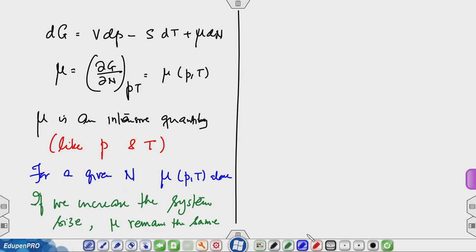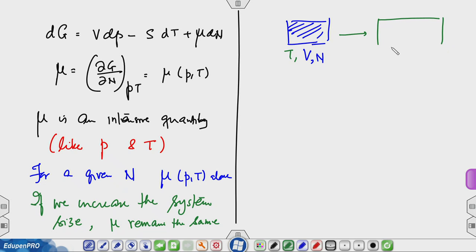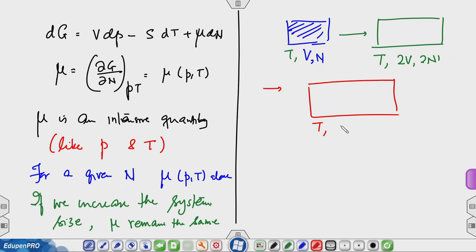So I took a system of volume V, particle number N, and temperature T, and change it; the intensive quantity remains the same, volume 2V, number of particles 2N. So we just scale it up, or even change it to the same temperature T, some lambda V and lambda N. Just increase the size.